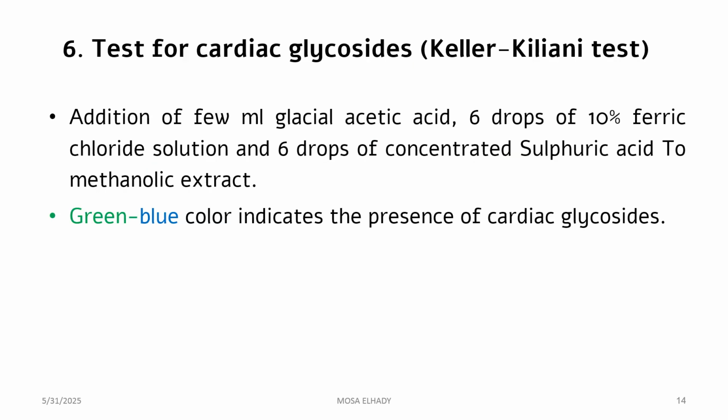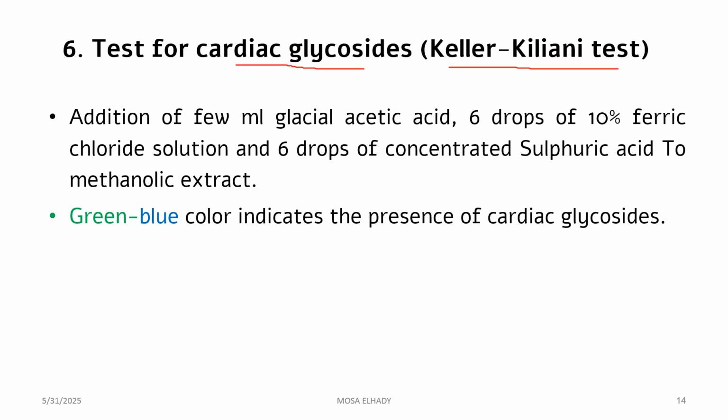For cardiac glycosides, we use the Keller-Kiliani test. As we know, cardiac glycosides consist of two parts, because they are glycosides from an aglycone and sugar molecules. The aglycone of cardiac glycoside is a steroidal compound, consisting of a steroidal nucleus.